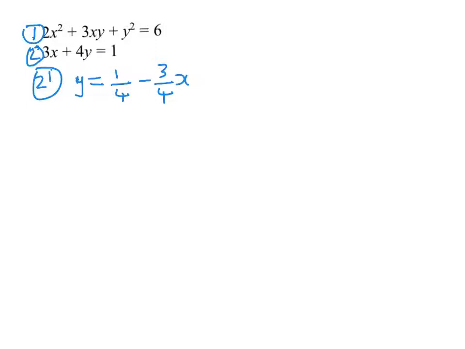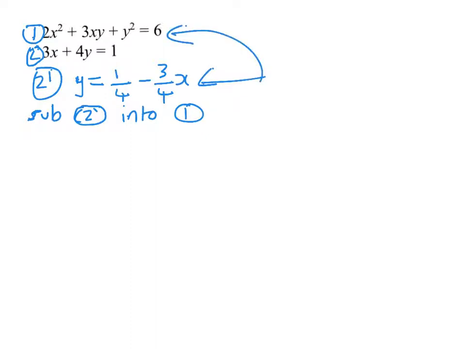Well, what do we have? What does that give us? Well, I'm going to sub 2 prime into 1. So I'm going to sub this one into that one. So what that does is it gets rid of y. So I've got 2x squared plus 3x times y.